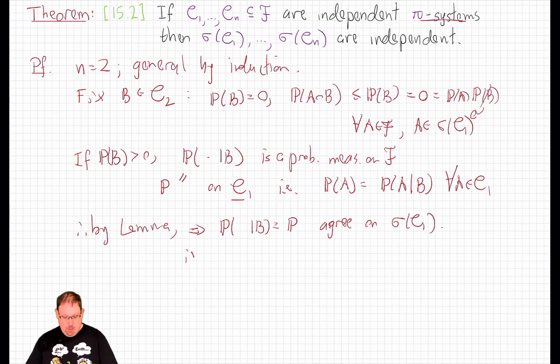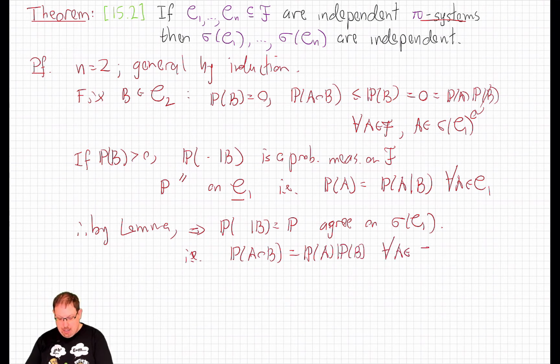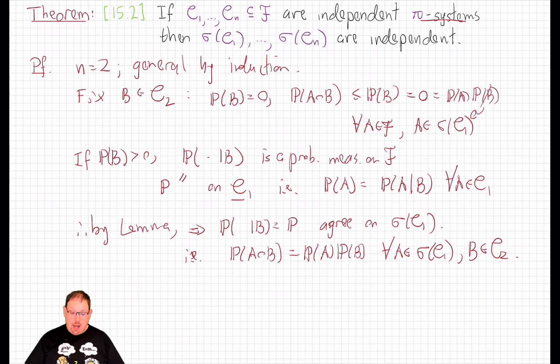That is to say, we have established that the probability of A intersect B is equal to the probability of A times the probability of B for all A in the sigma field generated by C1 and for any B in C2. Now, in order to prove the theorem in the case n equals 2, we need to upgrade this to B in the sigma field generated by C2.